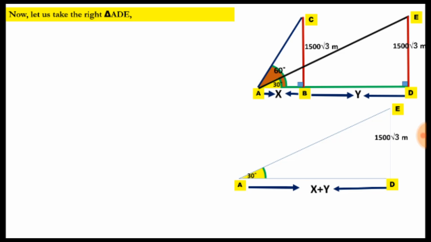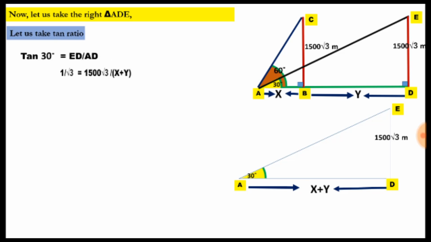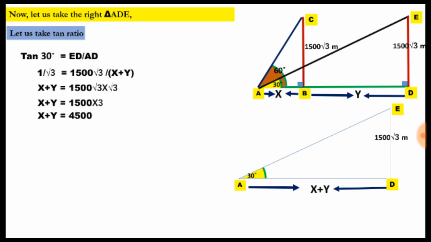So here again we need to use the ratio between opposite side and adjacent side, so we can choose the tan ratio. Tan 30 degrees equals ED by AD. If we substitute the corresponding values, we get 1 by root 3 equals 1500 root 3 by x plus y. On simplifying this, we get x plus y equals 4500 meters.